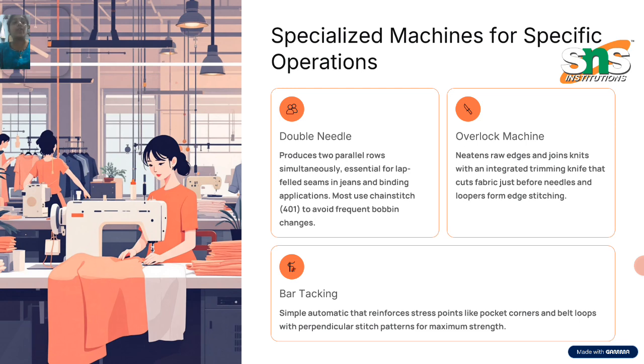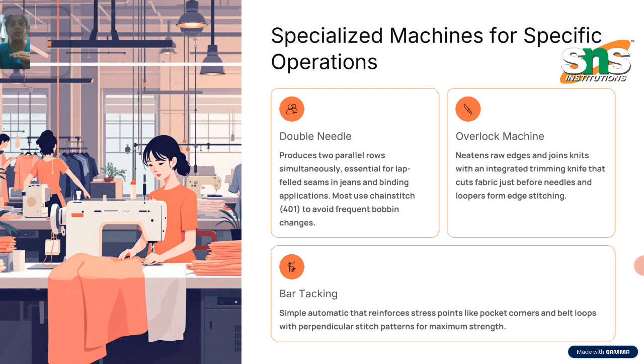The next one is the overlock machine. Overlock machine neatens the edges. It is mainly for finishing purposes and is not used for decorative purposes. It neatens the edges and joins knits with an integrated trimming knife that cuts the fabric just before the needles and loopers form the edge stitching.